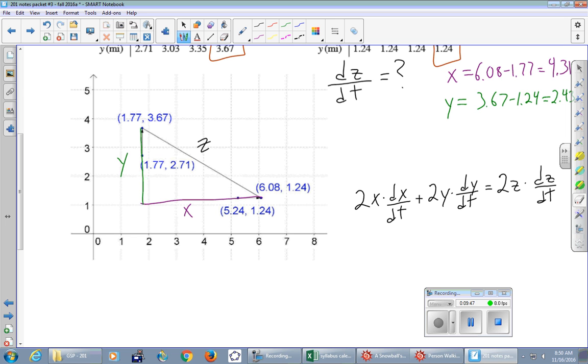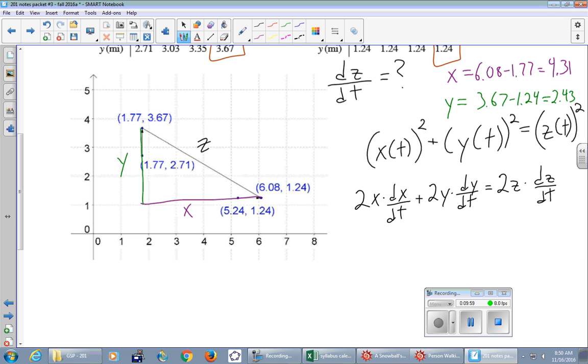So if we wanted to really be precise, it would be x as a function of t, squared, plus y as a function of t. It's probably helpful to think about that every once in a while, because otherwise, why are we sticking on these dx dt's and dy dt's? Yeah, right. 2 times x of t times x prime of t. That's our chain rule. That's exactly what we've written.